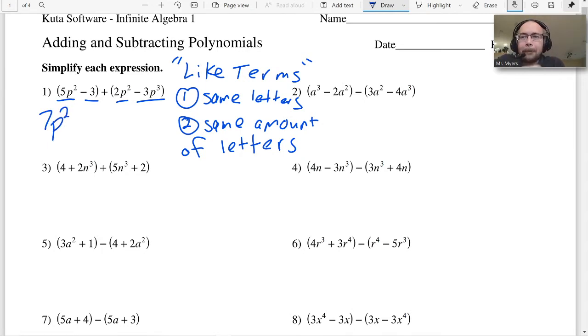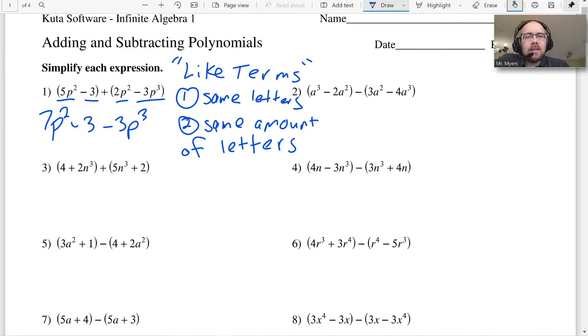And then the other numbers, the minus 3 and the minus 3p cubed, are not going to combine, even though they both have 3's. They have to have the same letters and the same amount of letters. Minus 3 doesn't have any letters, so it can't combine with something that does. Not like terms. And we're done.